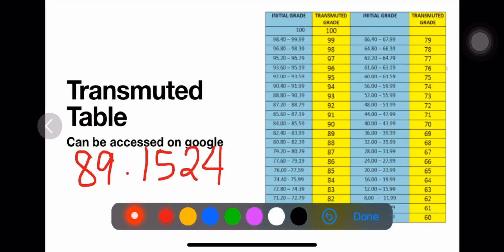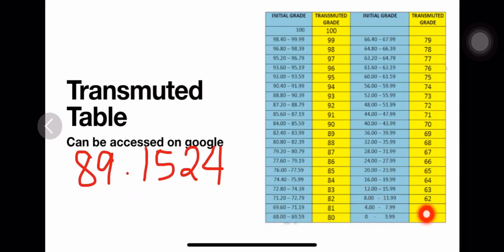That's the initial grade. However, since you are in basic education, all the grades under basic education from grade 1 to grade 12 must be transmuted. It means that the lowest grade is 60. So if your initial grade is 0, you will get a grade of 60.